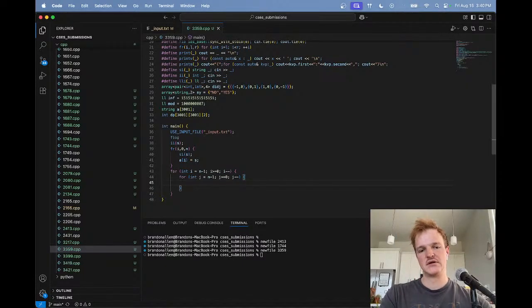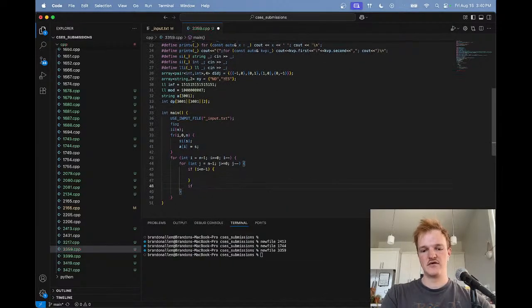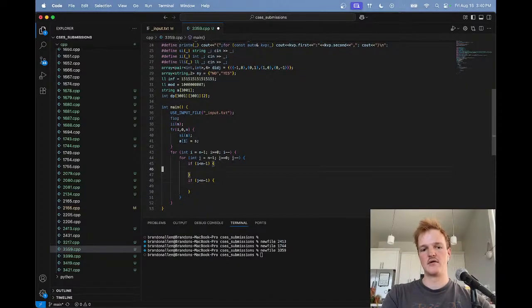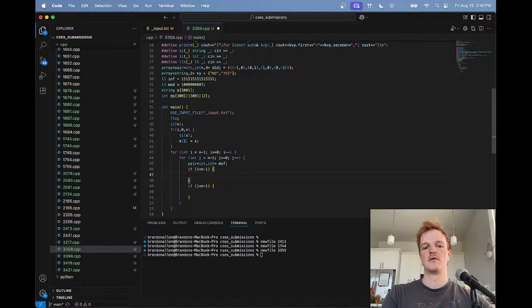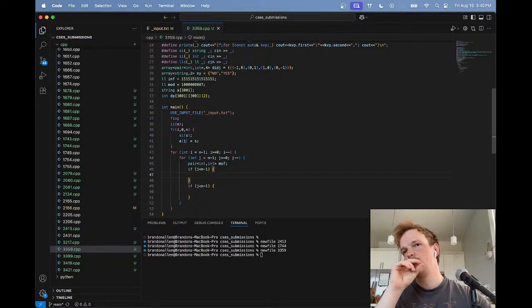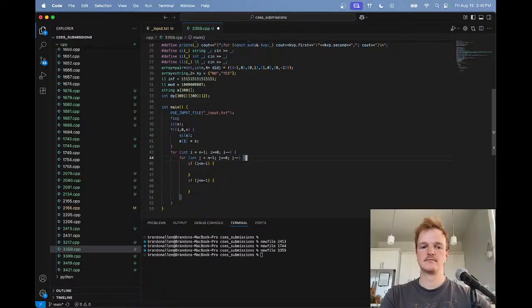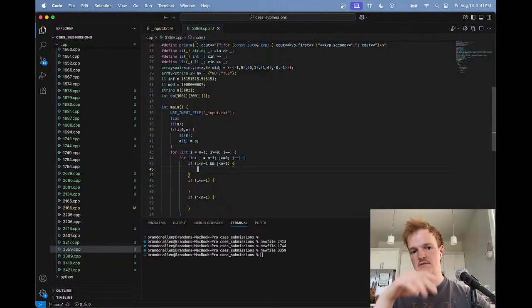So if i is less than n minus 1, if j is less than n minus 1... So these corner cases are if you're on a side.